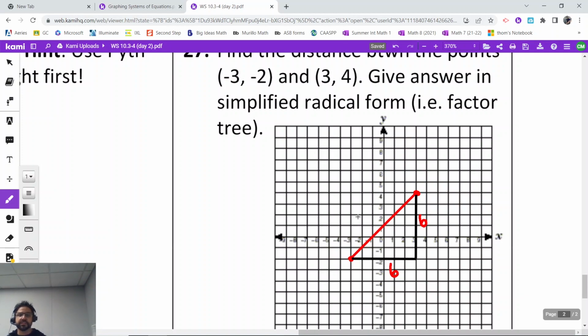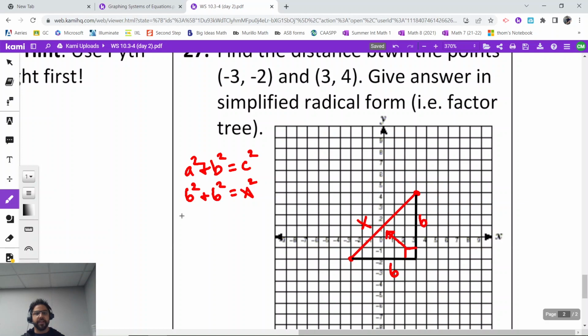And then if you notice, it's just our Pythagorean theorem problem because you got a right triangle. Our goal is to find the distance, which is the hypotenuse. So again, we're going to go ahead and say a squared plus b squared equals c squared. So we're going to say 6 squared plus 6 squared is equal to x squared.